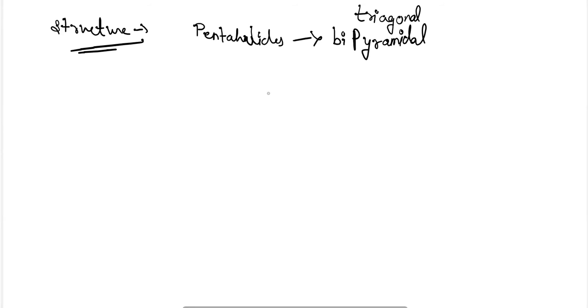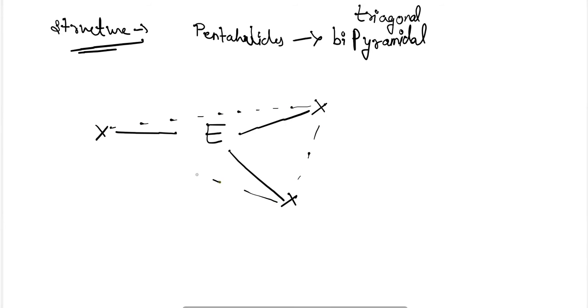The structure will be something like this: X, X, X form a triangle in a single plane, and two halogens are placed above and below.